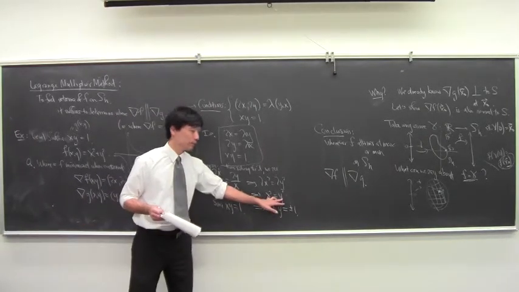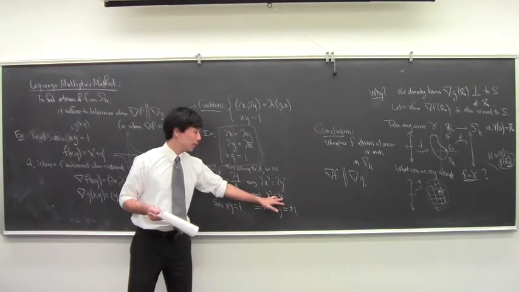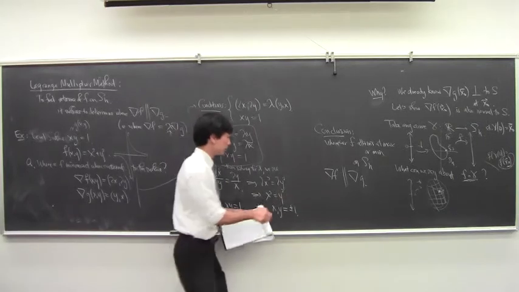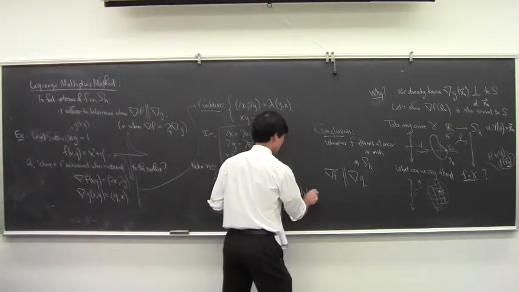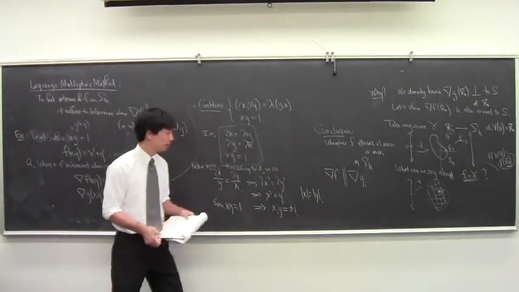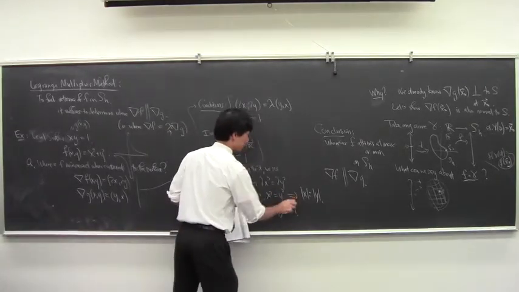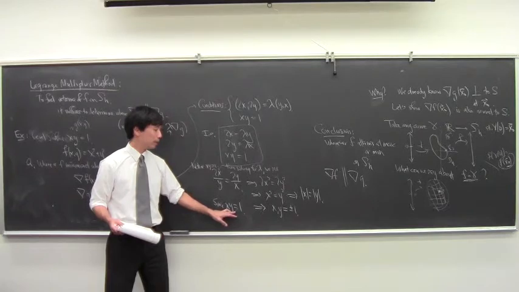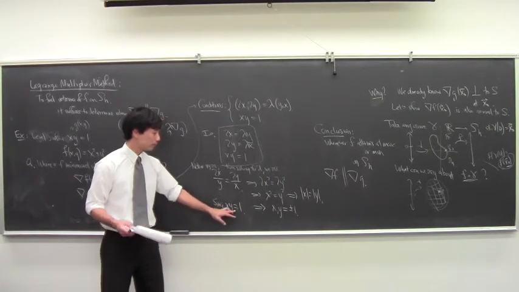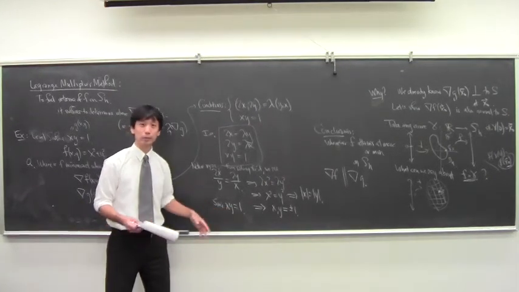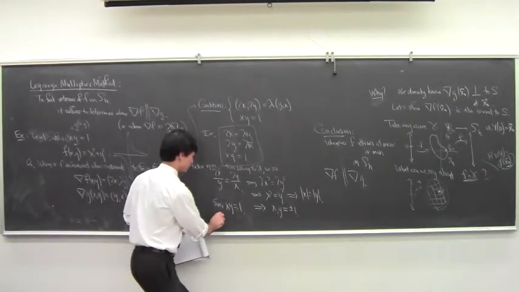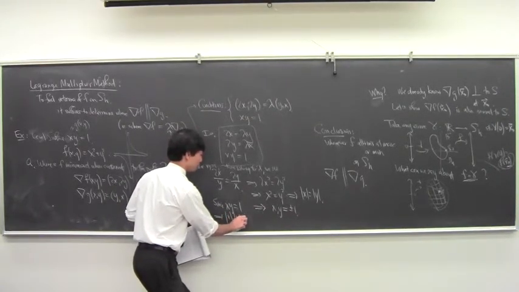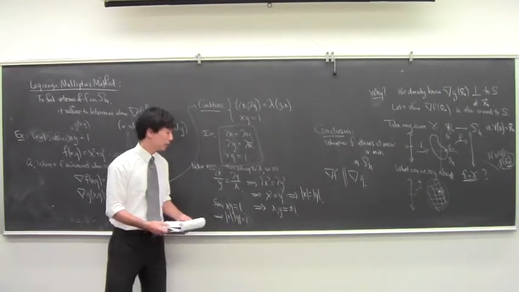These guys have the same size, so we know that the size of x and the size of y are the same, and we know that xy equals 1, which tells us that the absolute value of x times the absolute value of y is equal to 1.